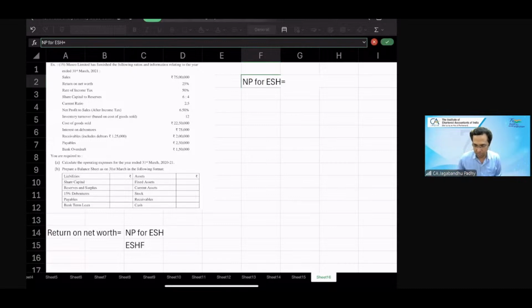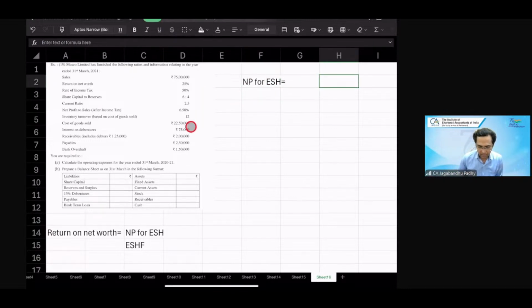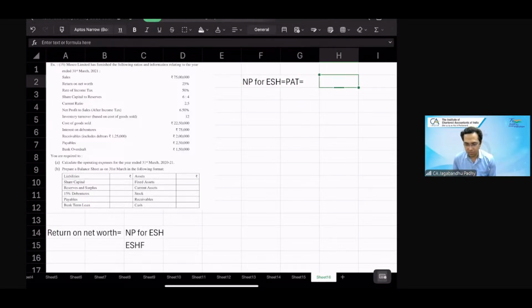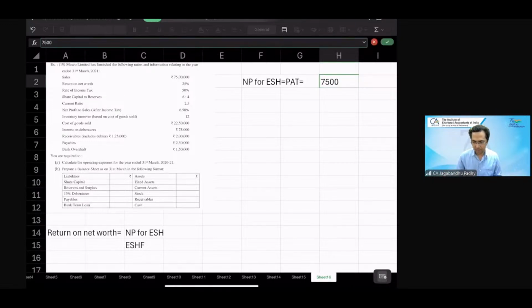Net profit for equity shareholders. We can actually get that by looking at the net profit to sales ratio, which is after income tax, right? There is no information about preference shares, so can I say net profit for equity shareholders is the same as profit after tax? So it is the same as profit after tax, and that PAT we can get as sales, which is 75 lakh, multiplied by the net profit to sales ratio of 6.5%.